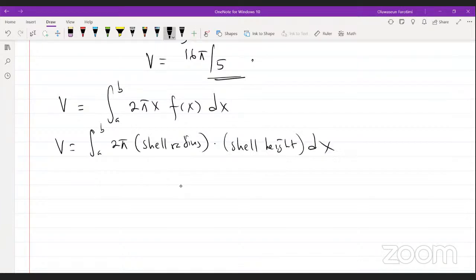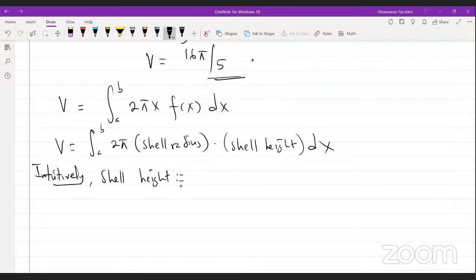Let me give you an intuitive idea of what we refer to as the shell radius, and also the shell height. This is just an intuition, something to help you remember.